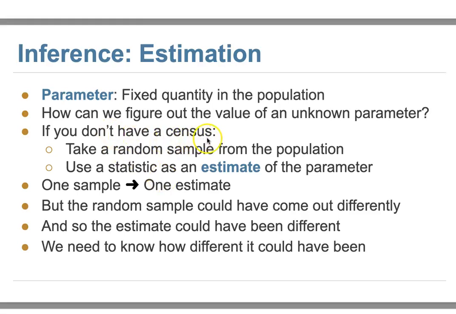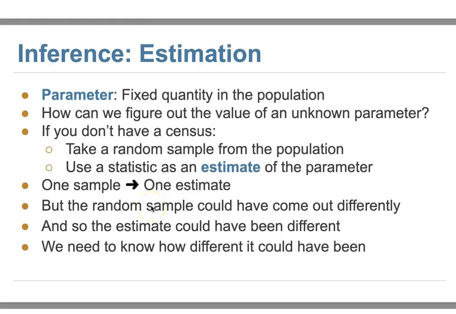When we can't get the whole population, we get a random sample from the population. Then we use a statistic as an estimate of that parameter. But that's one sample, one statistic, one estimation. So the random sample could come out differently from the parameter. But how do we know? The estimate could differ depending on how you draw the random sample.